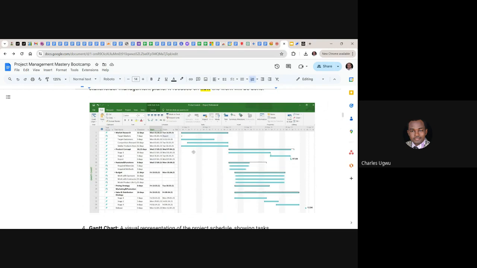But if you don't want to, we have an alternative called Project Labor, because I don't want excuses from my students. There is always a way, another good application you can use. So instead of Microsoft Project, we are going to use Project Labor.